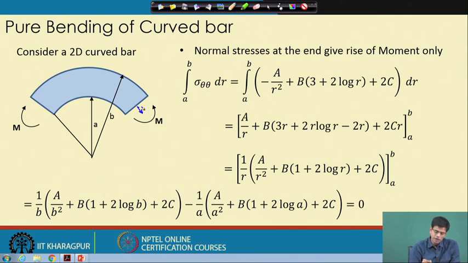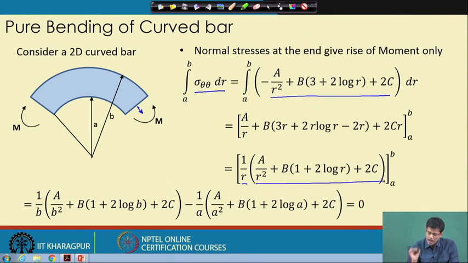So, if I integrate sigma theta theta dr and substitute, and do the simple integration from a to b, we get this form, which we have already deduced in the previous slide.